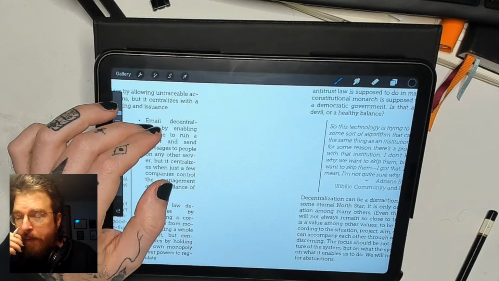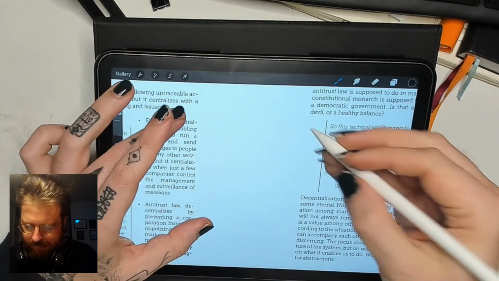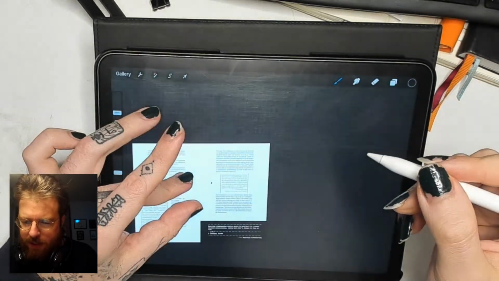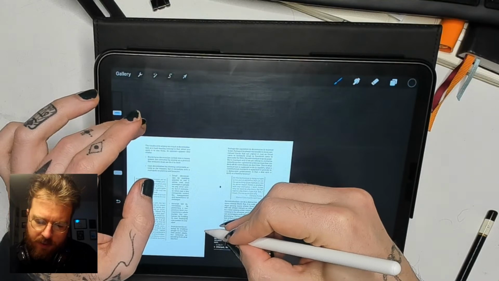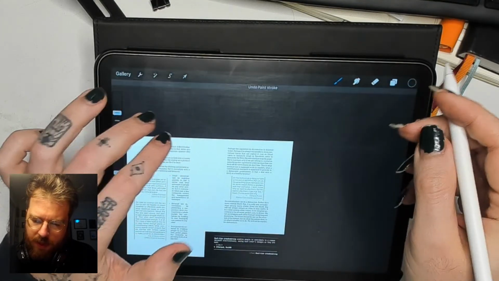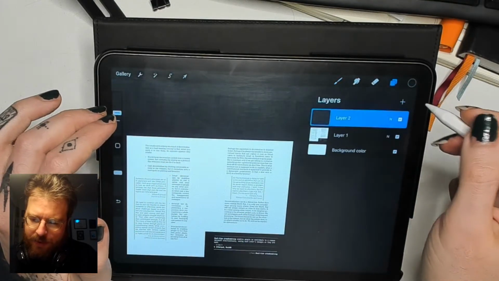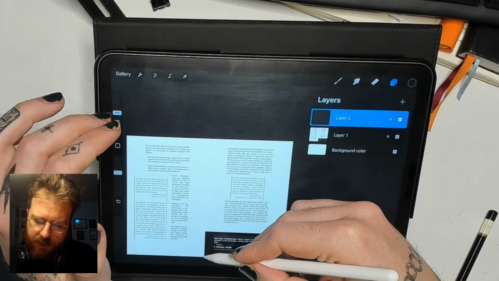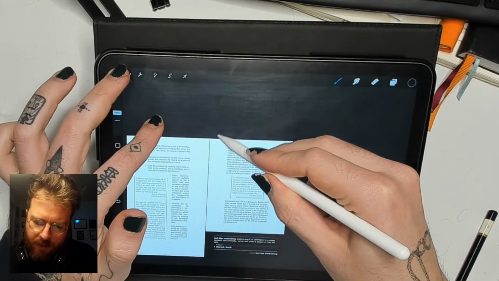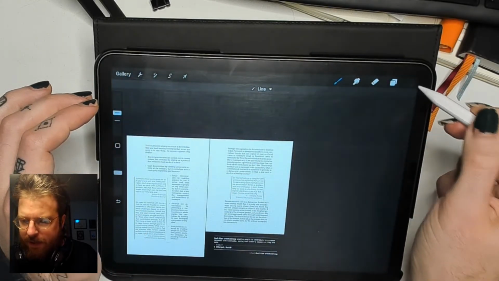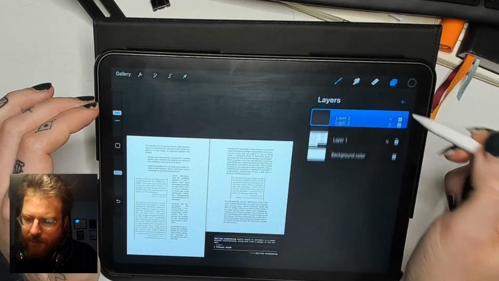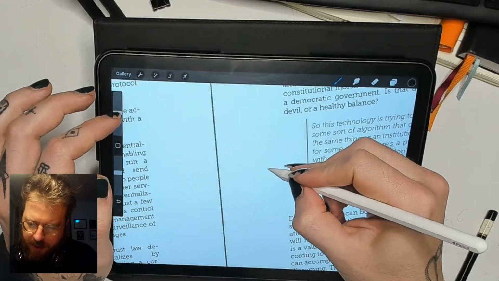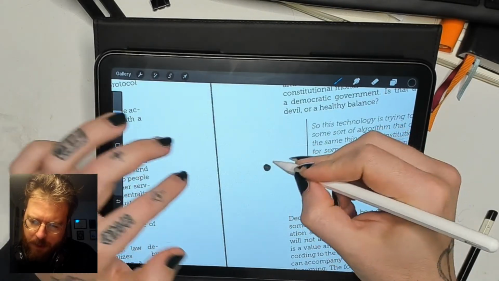So I don't know where the middle is on these. I guess I could draw a line, and then you got to be careful to make sure you make a new layer. And we could even do a layer for the middle. Yeah, there you go. And a new layer on top. And then we get to just, boom.